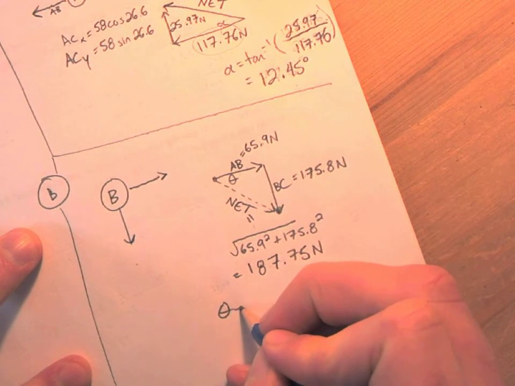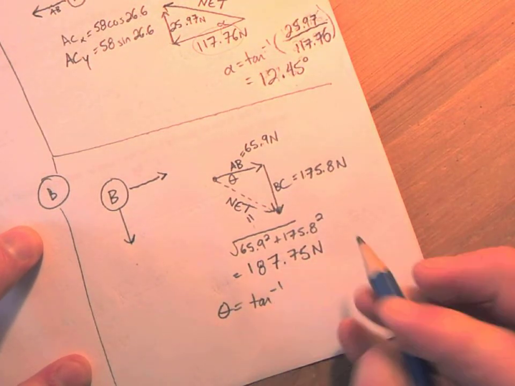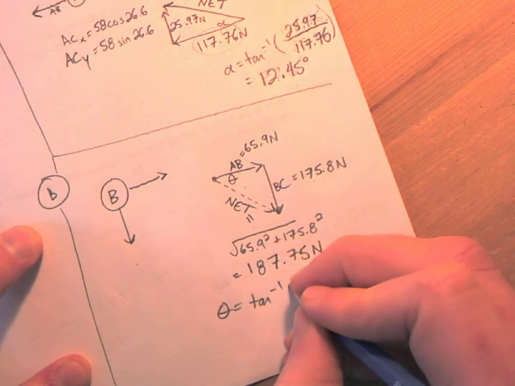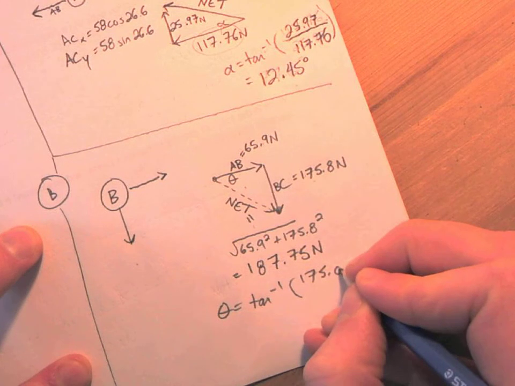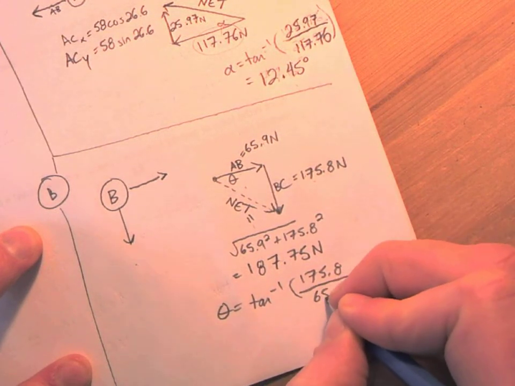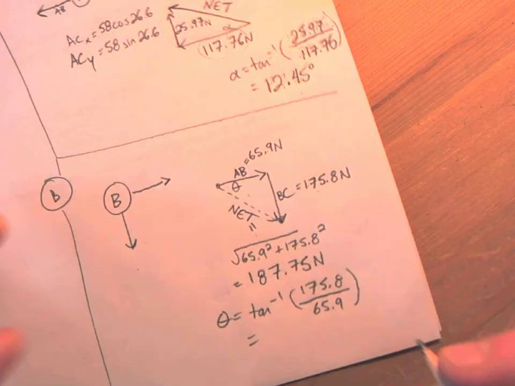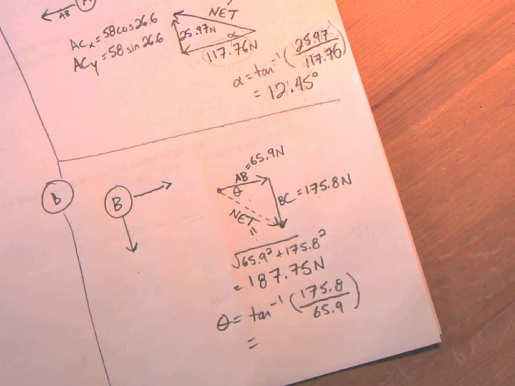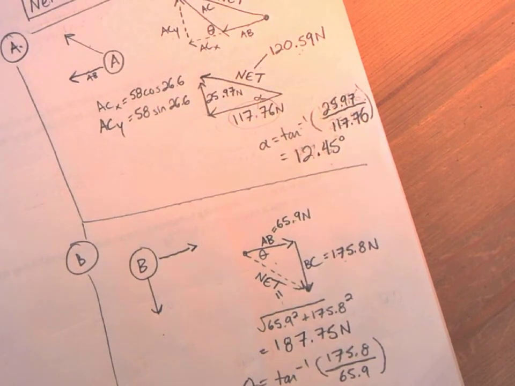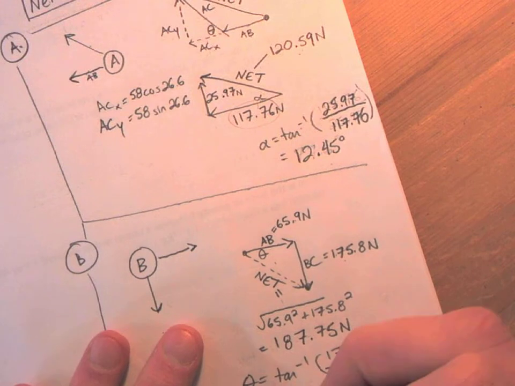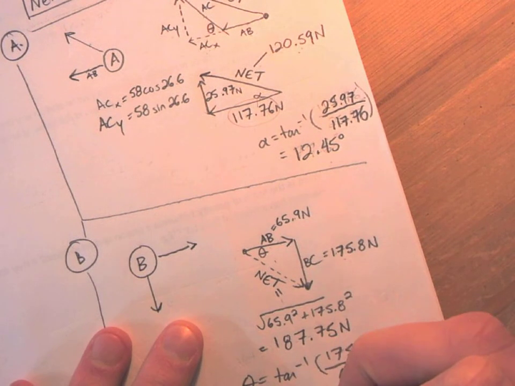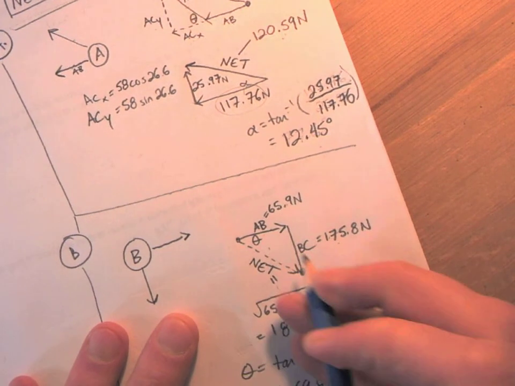But in what direction? Our theta here is going to be tan inverse of O over A. This time I'll make sure I get it right. So 175.8 divided by 65.9, and we get 69.45 degrees where I put theta.